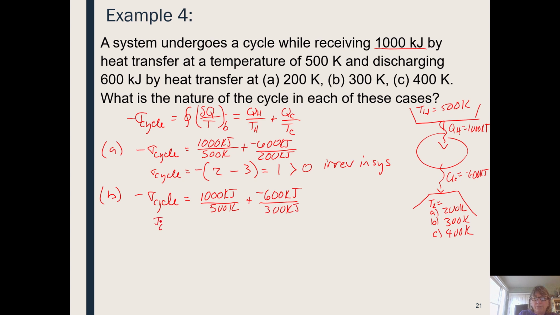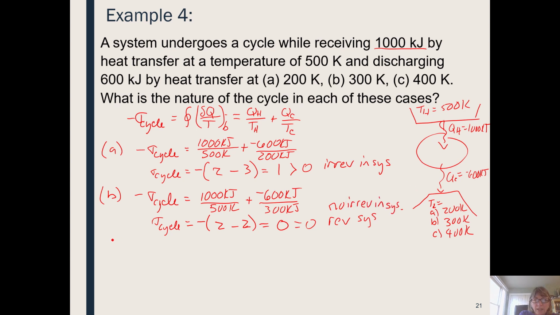And again, if I bring my sign over, this is still 2. 600 divided by 300 is now also 2. And this is going to be equal to 0. If this is equal to 0, then this is a reversible system, or no irreversibilities.